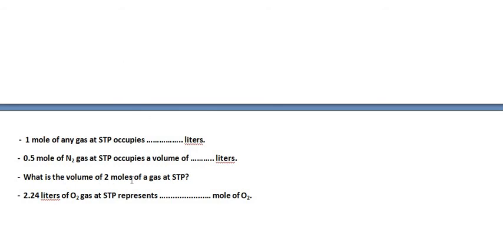What is the volume of 2 moles of gas at STP? If you know that 1 mole of any gas occupies a volume of 22.4 liters, so 2 moles of any gas at STP also occupy 2 by 22.4 liters, which is equal to 44.8 liters.